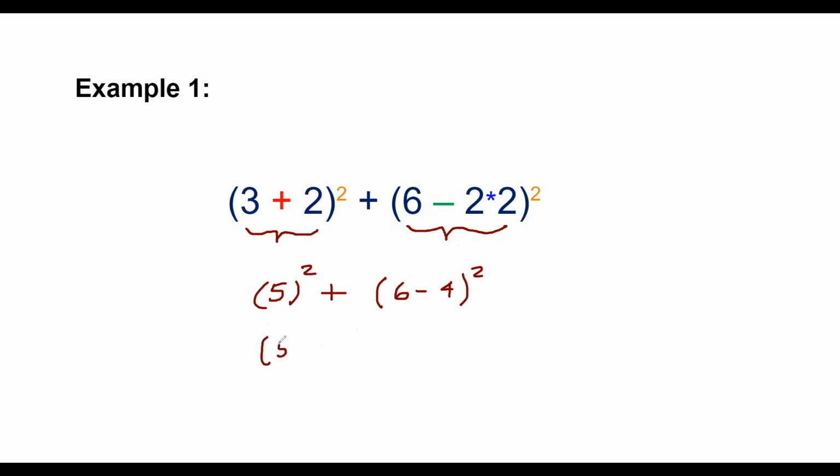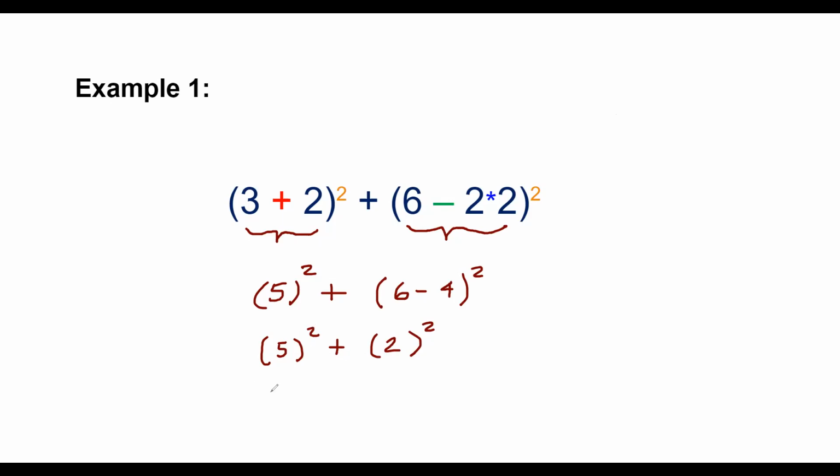We can just rewrite that part. This parenthesis, we still need to simplify. 6 minus 4 is 2. So now this just got a whole lot simpler. 5 to the second power plus 2 to the second power. Now, in the acronym PEMDAS, exponents comes next. That means we should do exponents before adding.